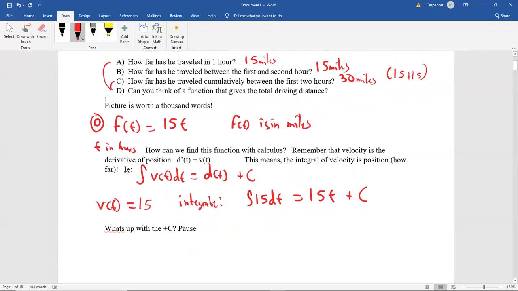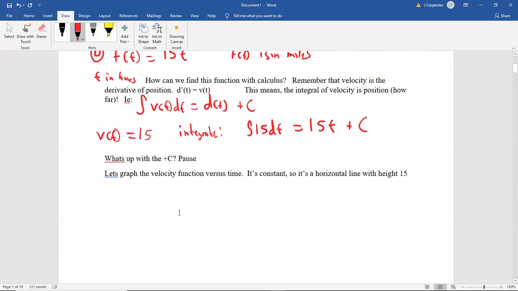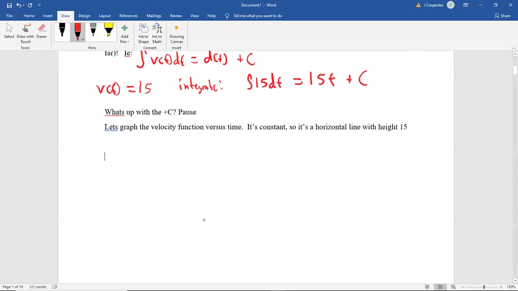But now let's again go to the picture's worth 1,000 words. Let's graph the velocity function versus time. Now the velocity function is constant, so it's a horizontal line. Height 15. So velocity versus time, velocity, time.